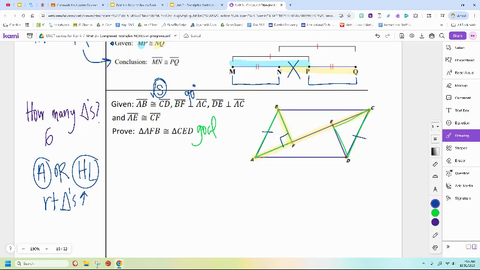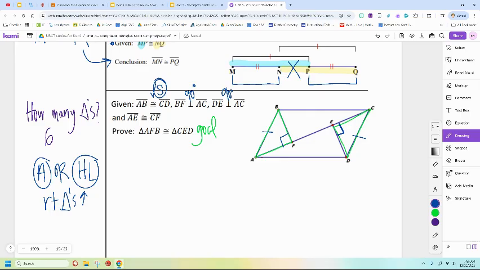So we'll figure that out in a minute. All right, I'm going to erase those highlighted marks so that they don't get in our way. But notice now when we go to do the other set, DE in this other triangle is perpendicular to that full diagonal again. So this is our other right angle.